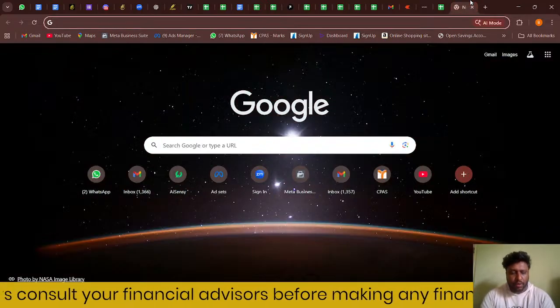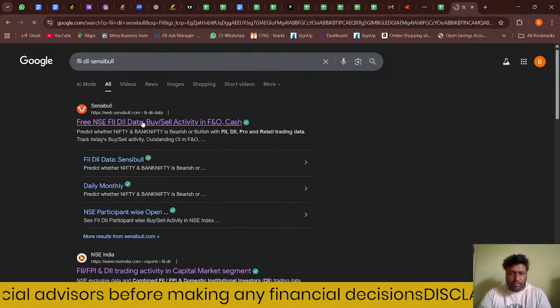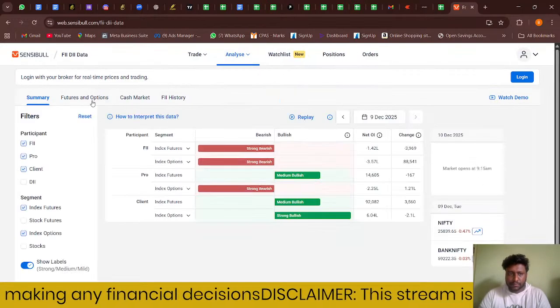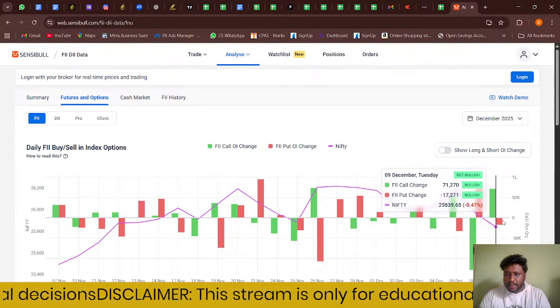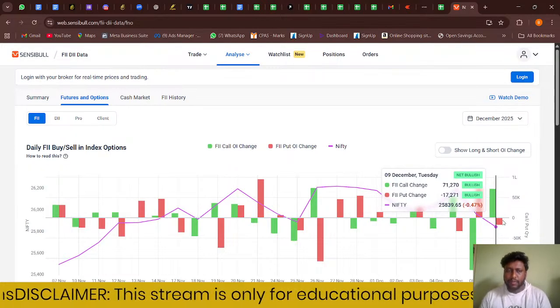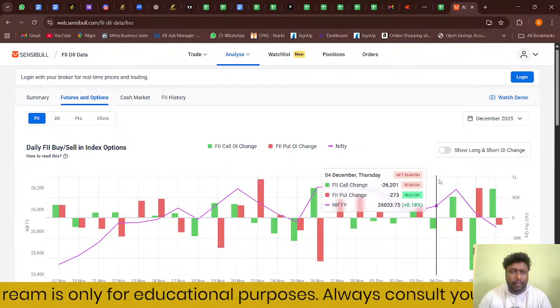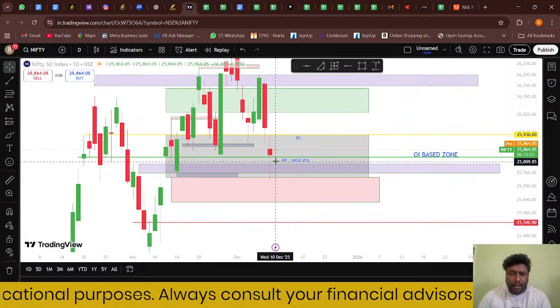So we'll have a quick look at the FII data. FII is net bullish for the day. So we will wait for that to happen. What if the opening happens and suddenly a selling streak comes, then definitely it is going to come down.